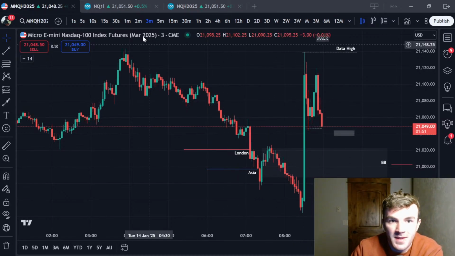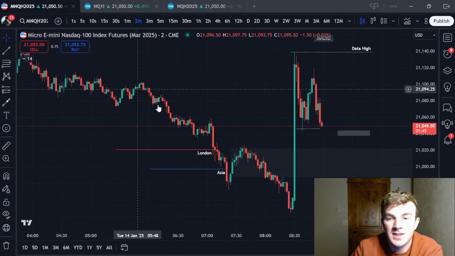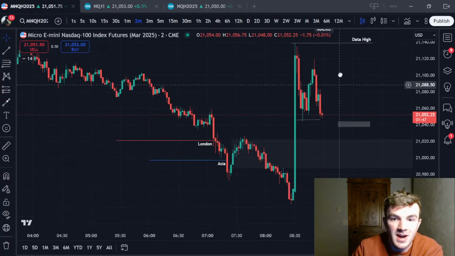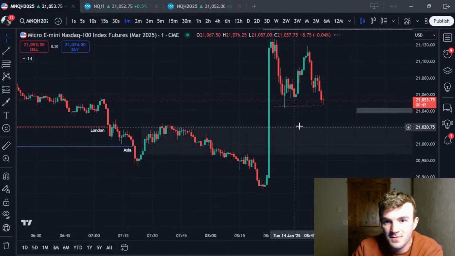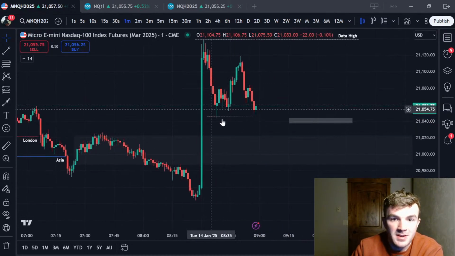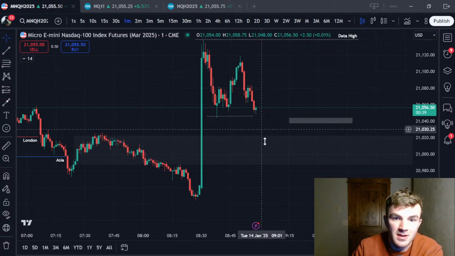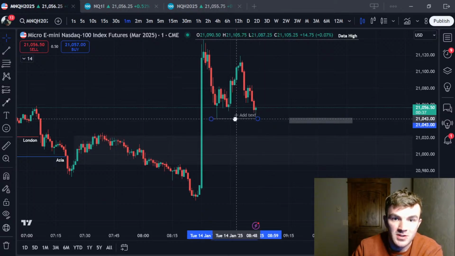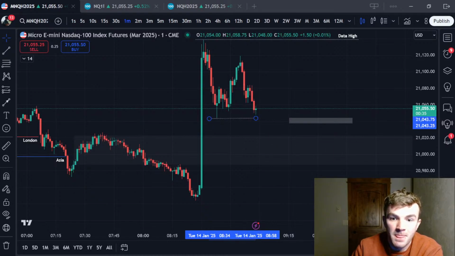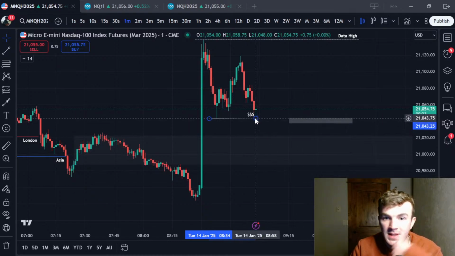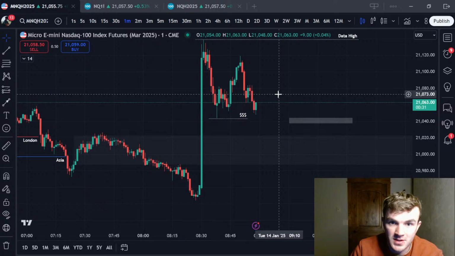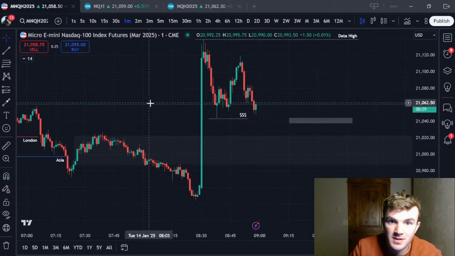What I was thinking of taking was a trade back up to the data high, but it might not be the right idea. After we get down and sweep this low, then just taking a trade back up to the data high. But once again, I'm just shooting for 1-to-1, so I don't even need to go all the way there.